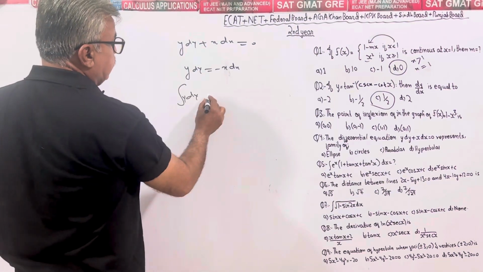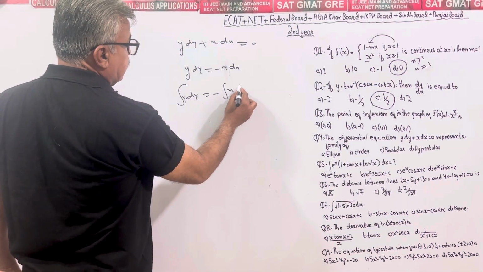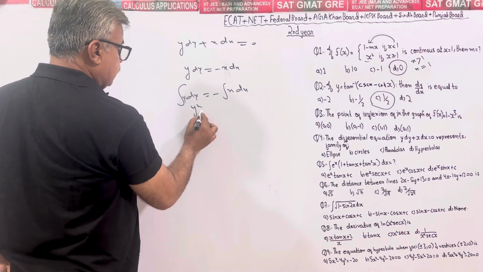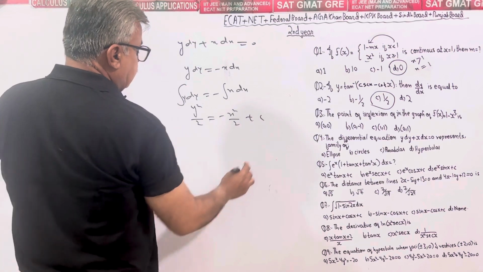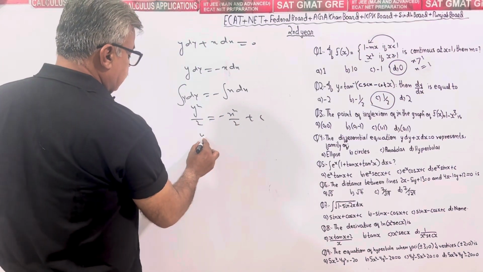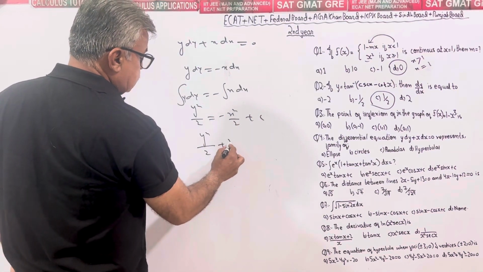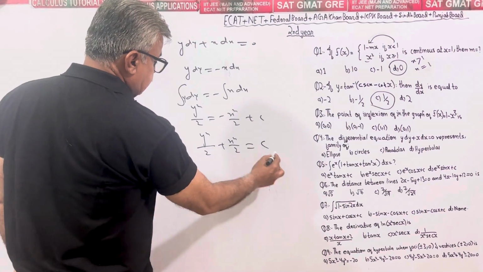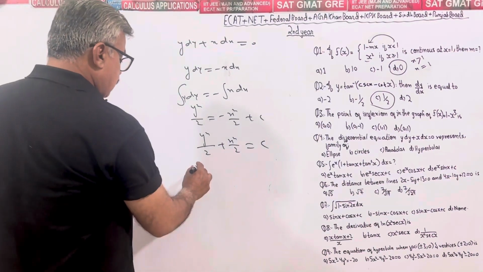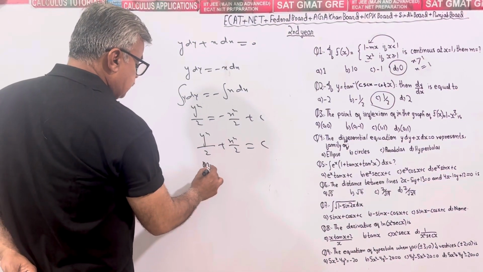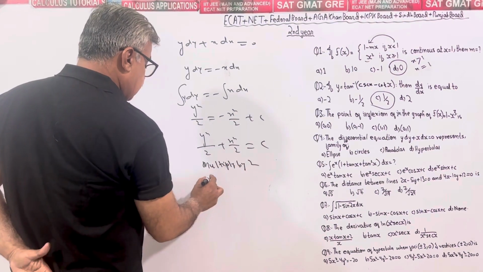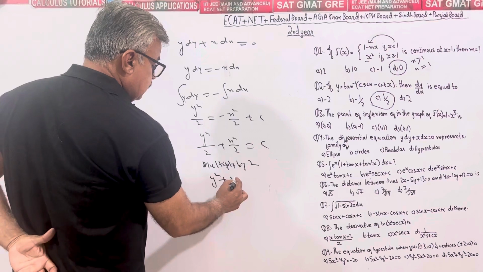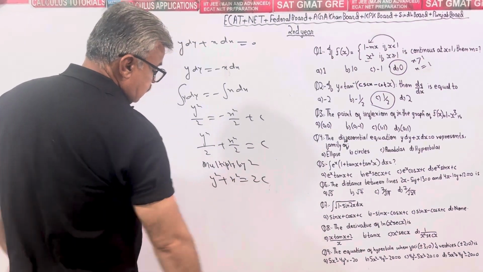Integrate with respect to y as well as integrate with respect to x. It will become y square over 2 equals minus x square over 2 plus c. Shift that quantity here, it will become y square over 2 plus x square over 2 is equal to c. Multiply by 2 throughout, it is y square plus x square is equal to 2c.